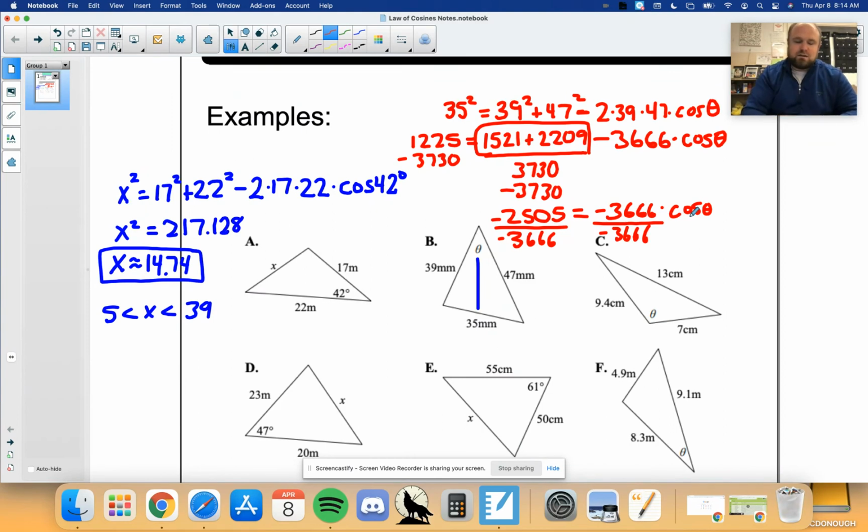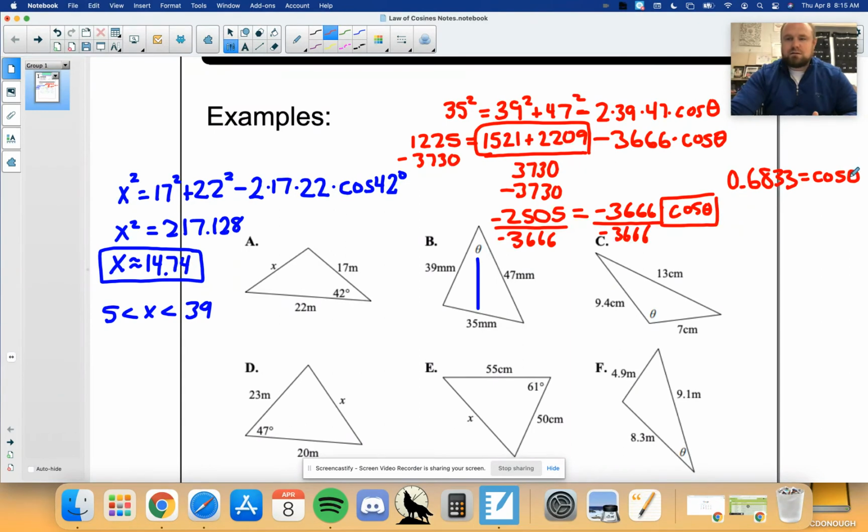So if I take negative 2505 and divide it by a negative 3666, and I'm going to go to 4 decimal places, I end up getting 0.6833. And that is equal to what's left over here, which is just simply the cosine of theta.